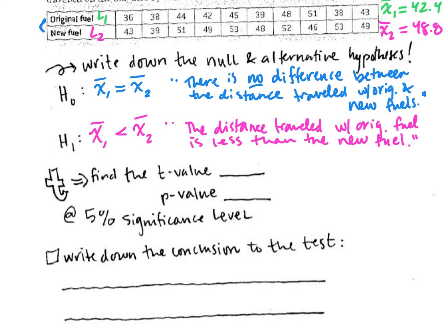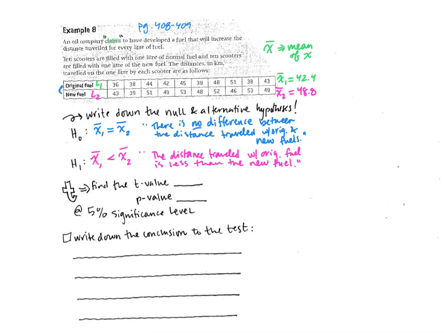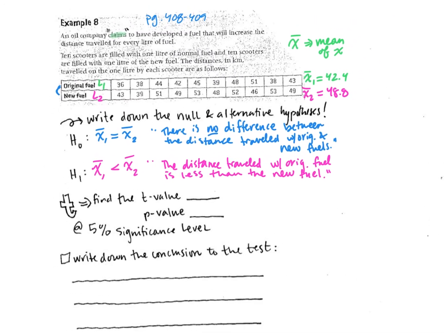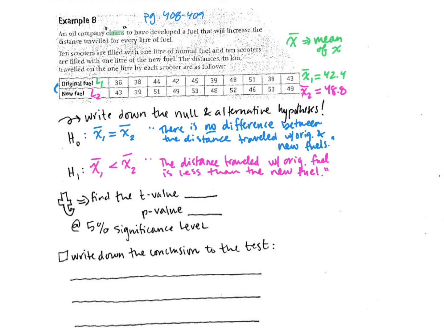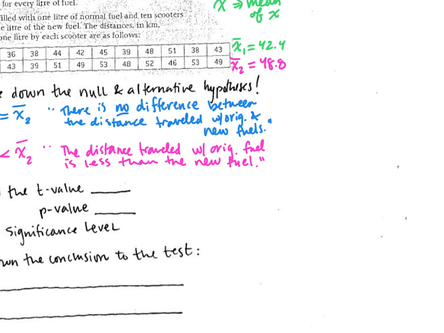All right, so you've got your two hypotheses. Either they're equal or they're not. Because of the claim, we're comparing the distance traveled with original and new. We're only looking at distance. This is a one-tail test. I'm going to write this over here. If you weren't sure, you could run both.